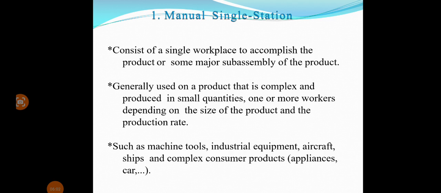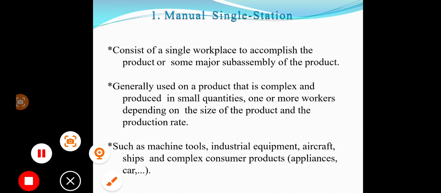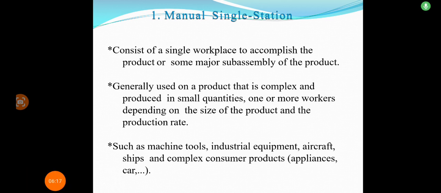This is the line diagram for the manual single station. Here we consider a basic example of a manual single assembly system. This system belongs to a Geneva indexing mechanism.